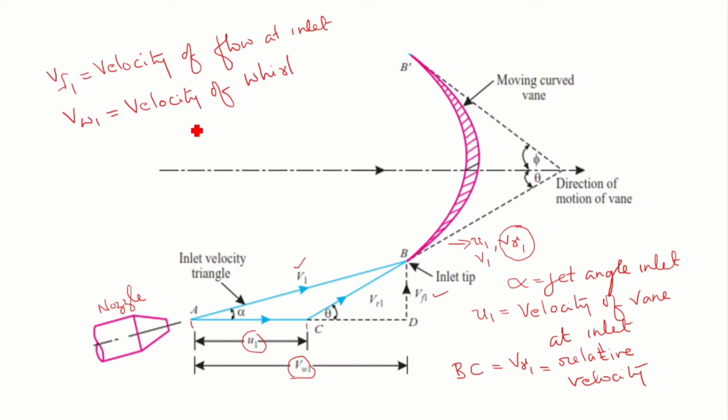So what exactly is Vf1? Vf1 is the vertical component of V1, and Vw1 is the horizontal component of V1.